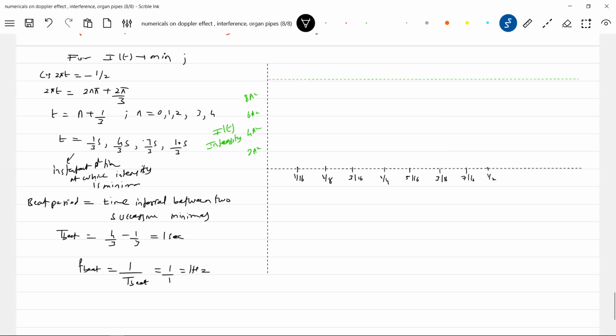If I take 1 by 8, 1 by 8, 1 by 4, 3 by 8, 4 by 8, 5 by 8, 6 by 8, 7 by 8, 1. I think this will be very lengthy. Let me go for 1 by 8 only. 1 by 8, 2 by 8, 1 by 4, 3 by 8, 1 by 2, 5 by 8, 6 by 8, 3 by 4, 7 by 8.